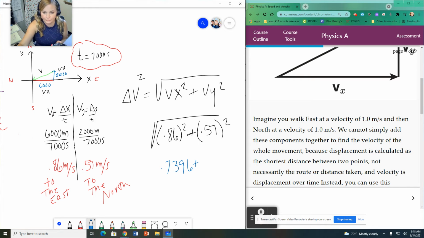Plus 0.3249. And then square root it. Again, 1.03.